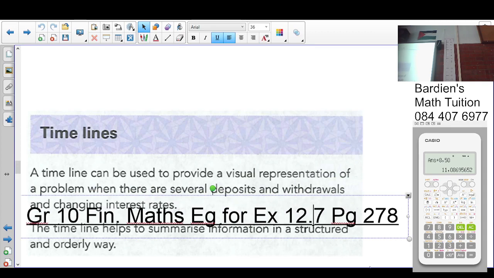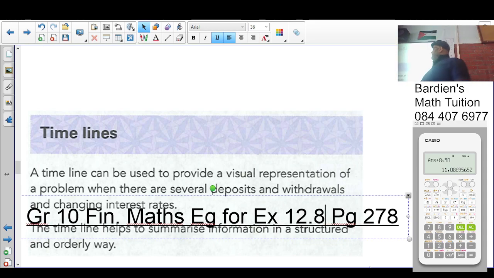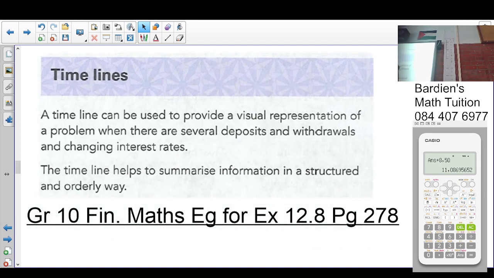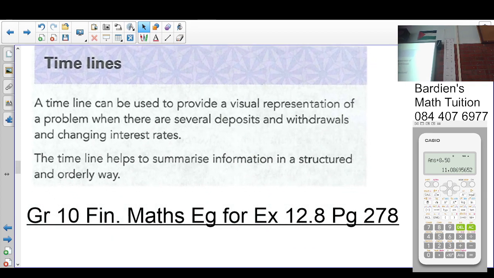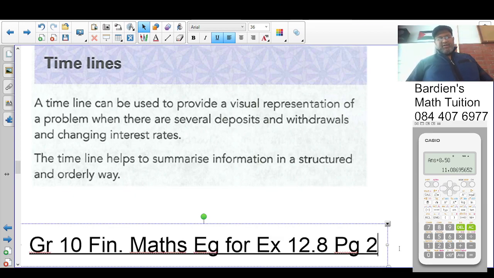That brings us basically to the end of exercise 12.7. People, for homework, I would like you guys to do 12.7, the even numbers. Now we're looking at examples for 12.8, and 12.8 is on pages 280 to 282.